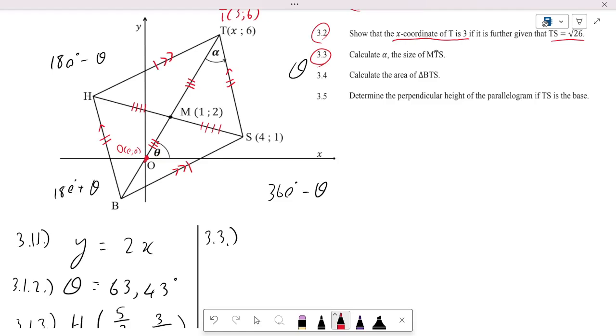So we can clearly not extend a line from here, because then we'll be looking for some angle over here, right? But what we can do is we can actually extend a line all the way through here. That is not a straight line. We can extend a line all the way through here, right?